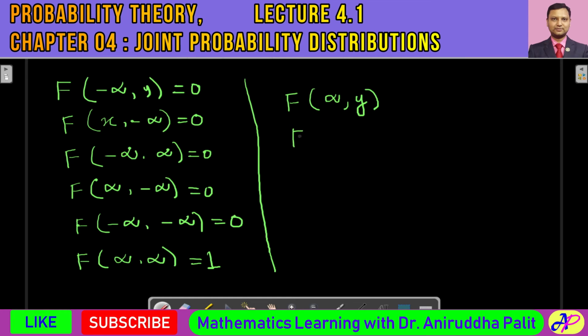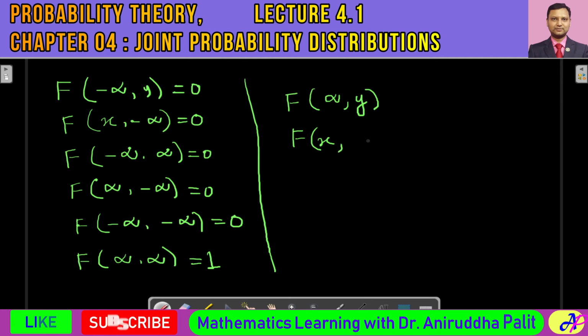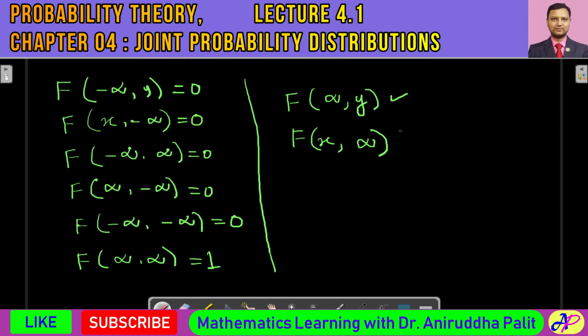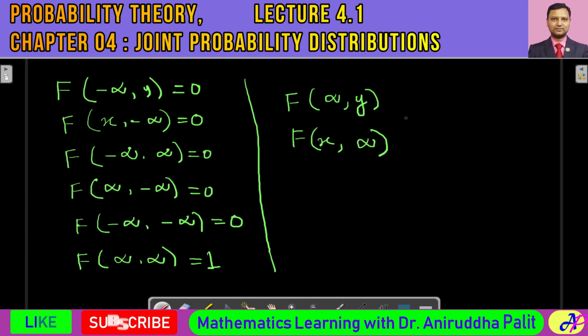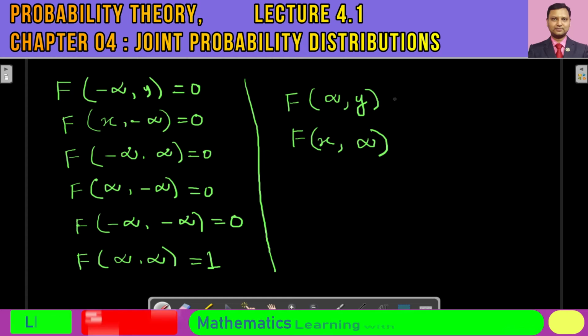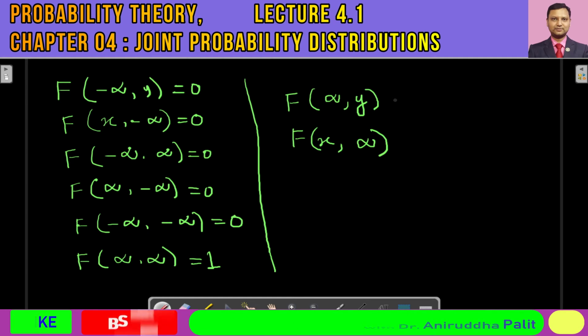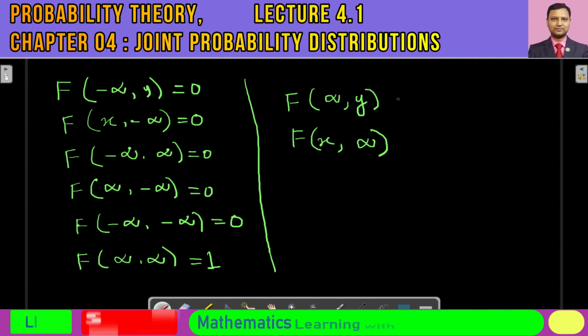Similarly, F of x is there, a finite quantity, and the value of the other coordinate is equal to infinity. Then what are the values of this kind of quantities? We can prove that these quantities are related to another idea that is called the marginal distribution. I am coming to the idea of marginal distribution, but is this much clear to you, everybody?